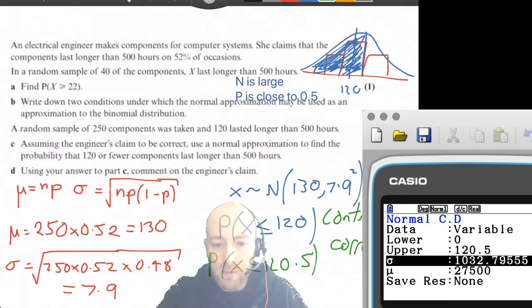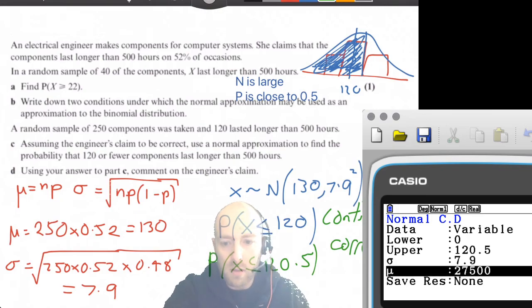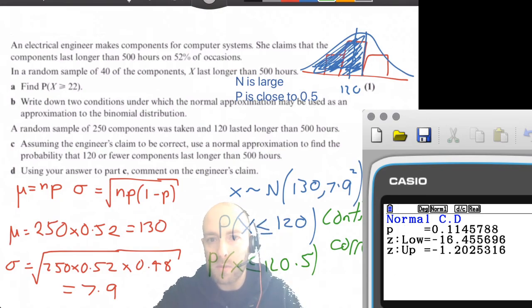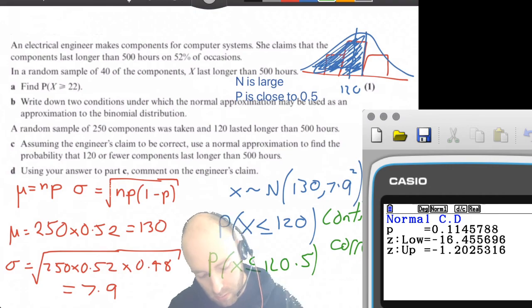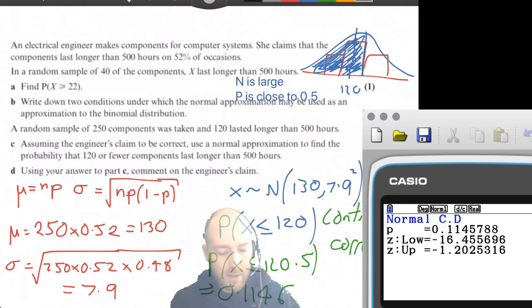Sigma is 7.9 and mu is 130. Hit equals and we get the probability is 0.11457, or 0.1146, let's say. Okay, so we found that the probability 120 or fewer last more than that time is 0.1146.